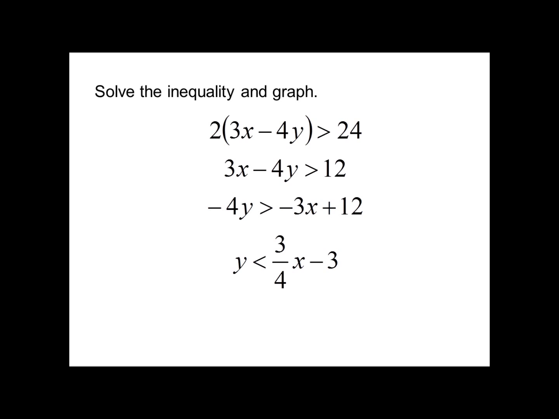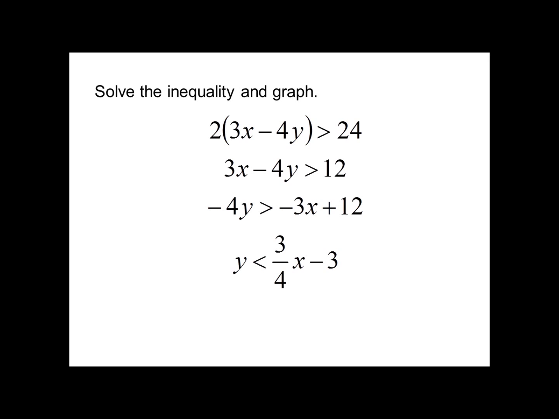Subtract the 3x over, and then finally divide by that -4. Now pay close attention to that inequality sign. When I divided by the -4, that inequality sign flipped. So it reads y is less than 3/4 x minus 3.